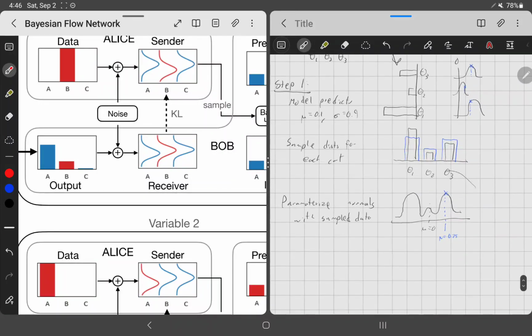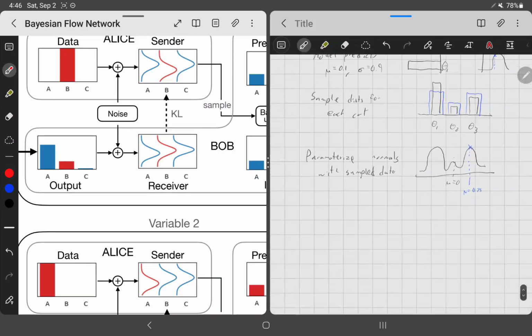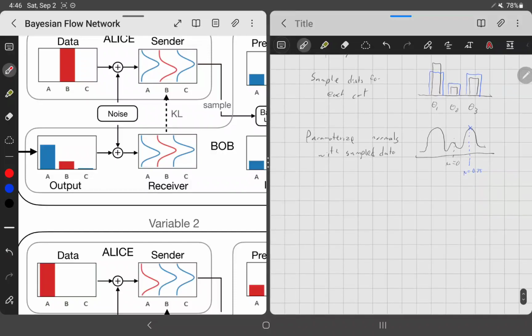And we converted it to this continuous distribution from a categorical distribution, so we can actually do this Bayesian flow process in a continuous space. So once we sample it, we can update mu, and this is one step. So maybe we update mu from 0 to 0.1.